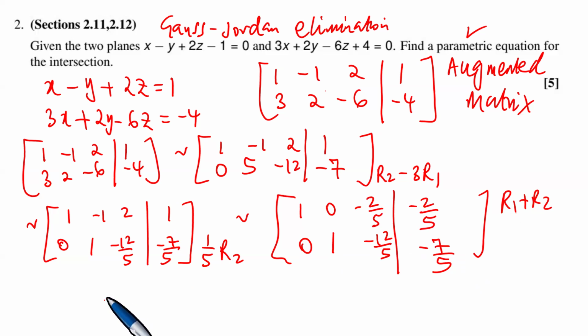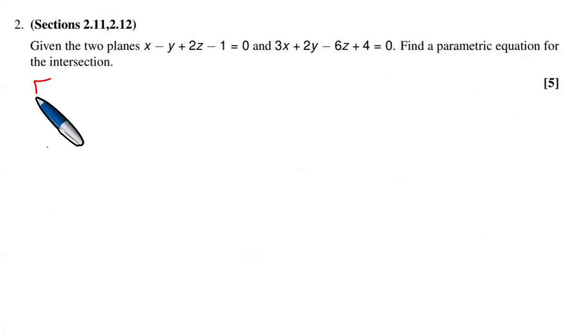So right, then in the end, what do we have? We have this matrix here, which is said to be in reduced row echelon form.